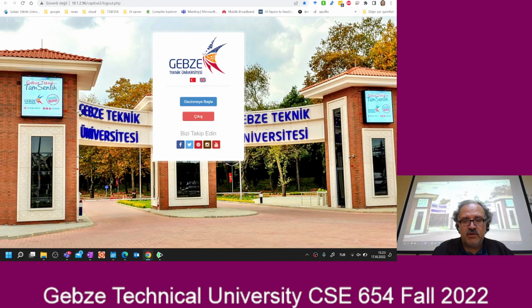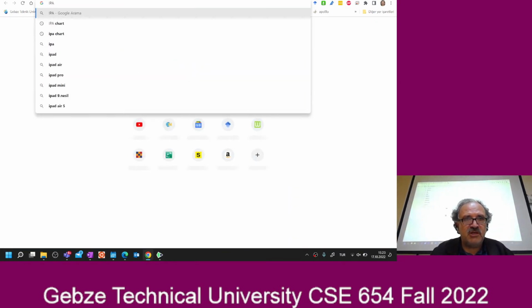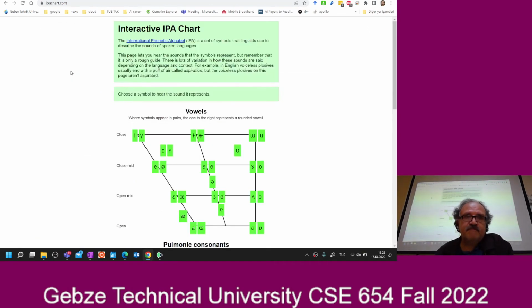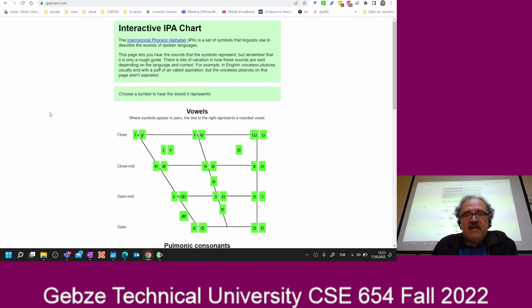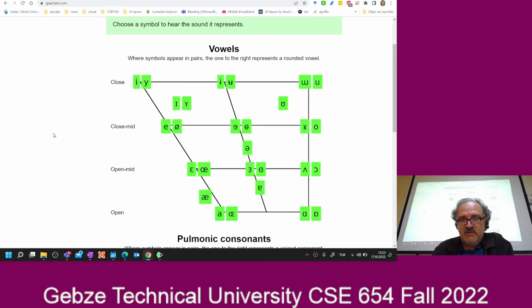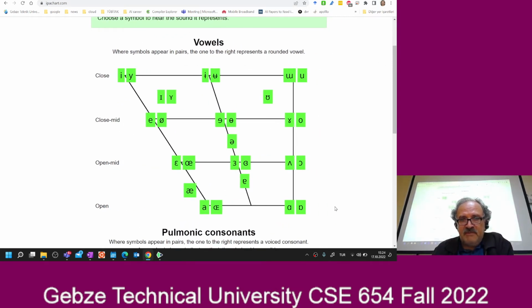For that, you are going to go to the IPA chart. There is an ipachart.com. Go there. It will tell you all kinds of sounds that a human vocal tract, a human mouth, can produce. Let's look at some of them. For example, this one. These are your lips, closed lip and open lip.